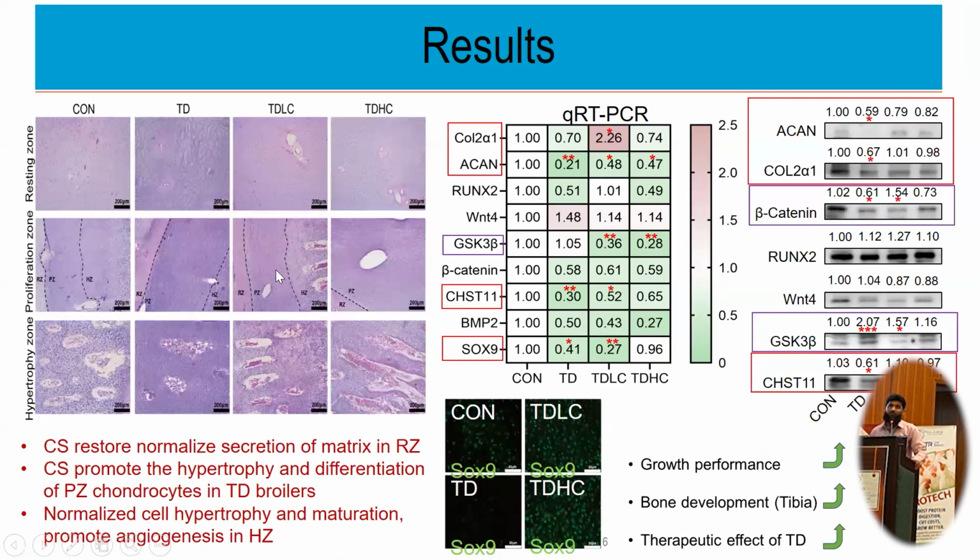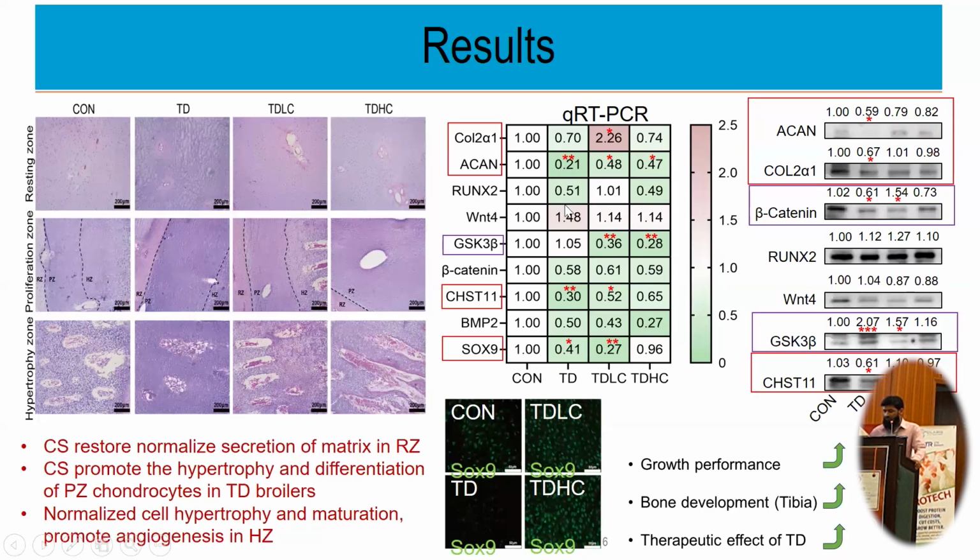After the administration of CS, the cells differentiate into different proliferative and hypertrophic zones, and the size of the growth plate is reduced, and the chicken started to recover and their bone formation started. So we can say CS restores normal secretion of matrix in the resting zone, and proliferation and differentiation of the cells, especially chondrocytes in the proliferative and hypertrophic zones.